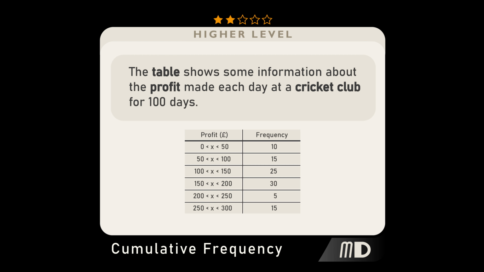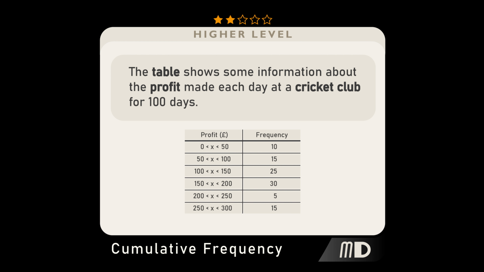Grouped data is data that has been organized into classes or intervals, rather than being listed as individual values. A cumulative frequency table is used to show the total number of values in groups up to and including the current interval.